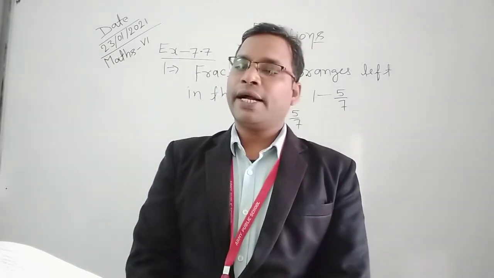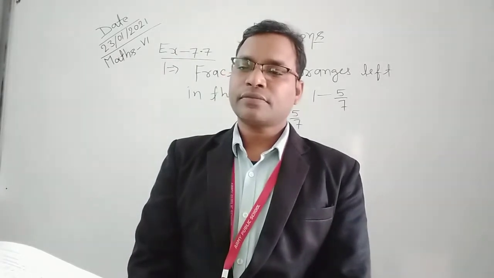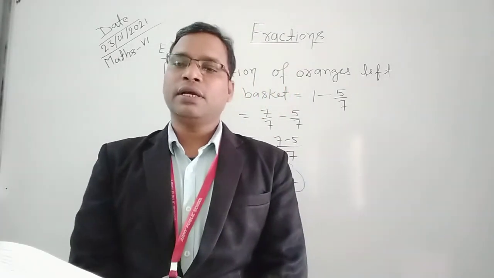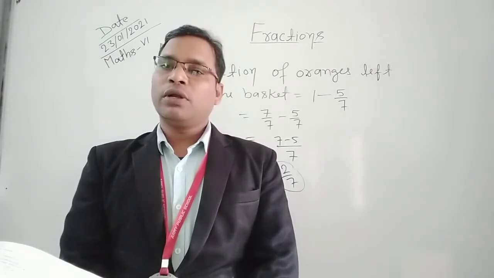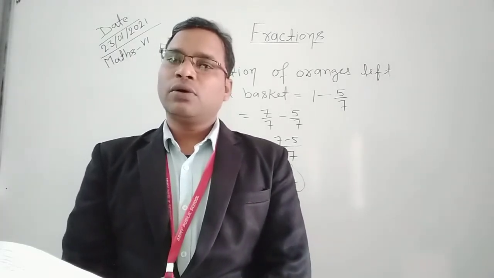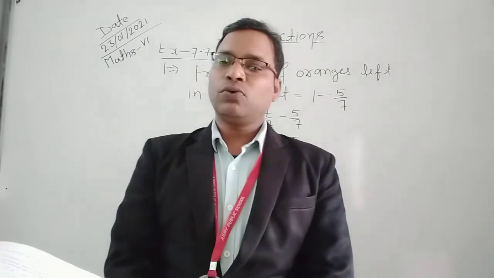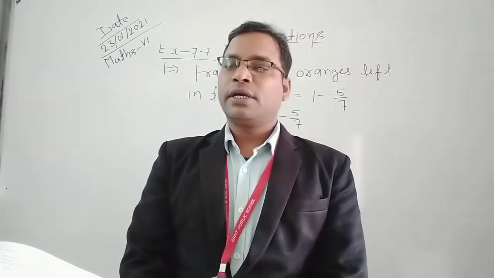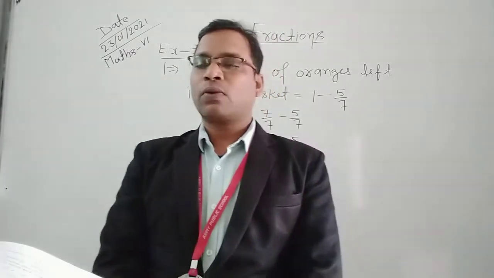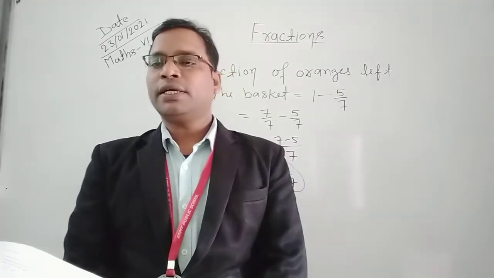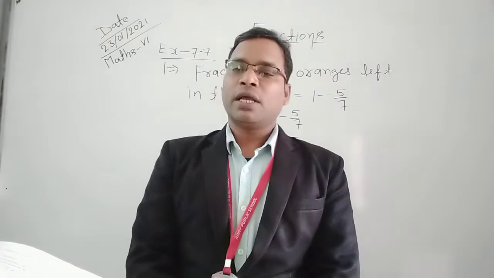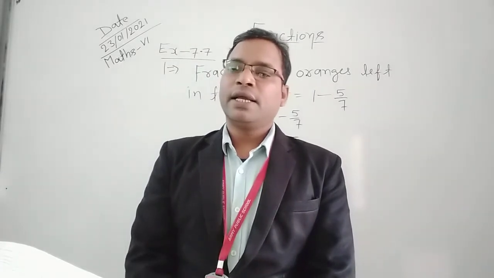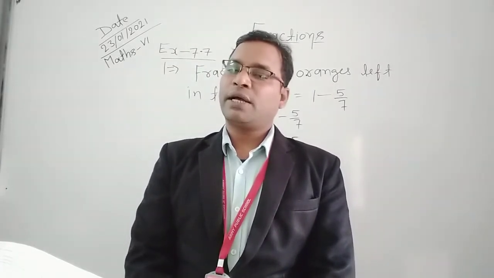Okay, I repeat this question again. Naina was given 1 and 1 by 2, or you can say 1 whole 1 by 2, and Najma was given 1 whole 1 by 3 piece of cake. Find the total amount of cake that was given to both of them.